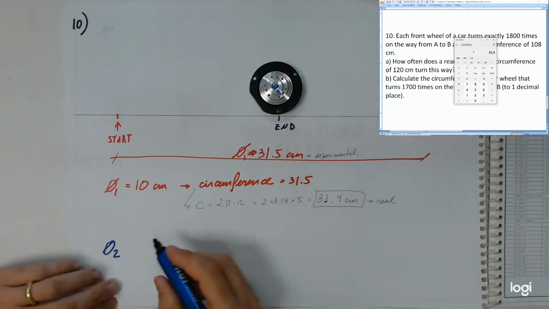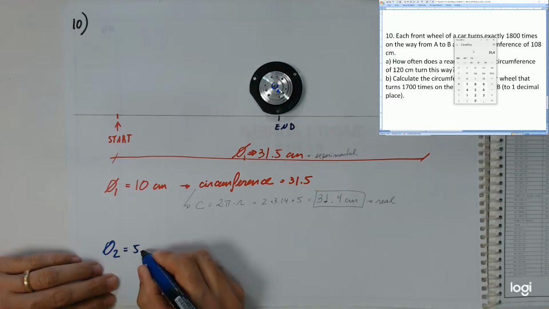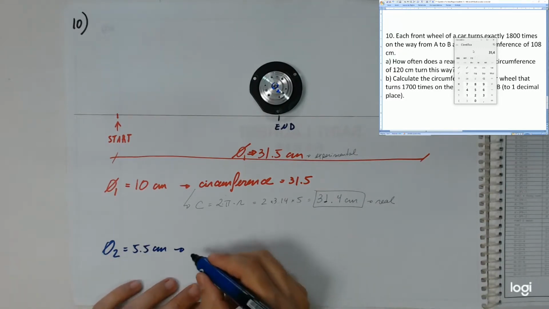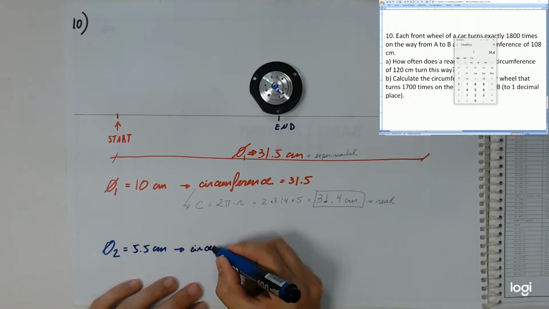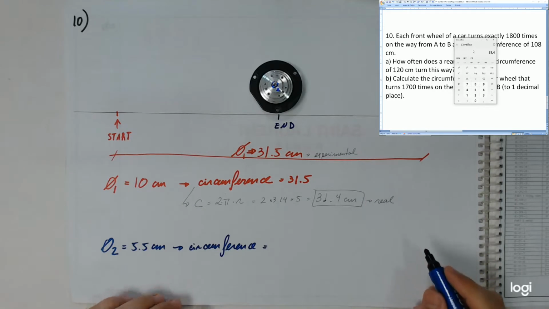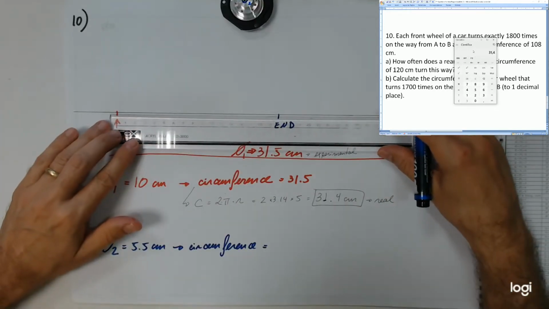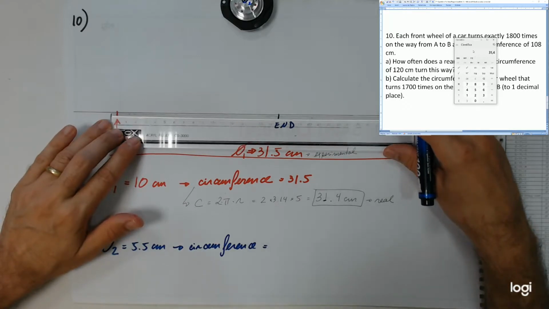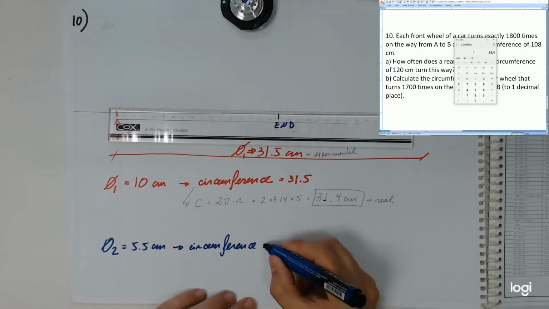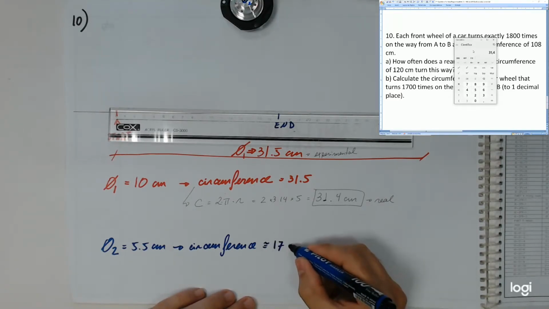And this diameter 2 is about 5.5 centimeters. What is its circumference? According to the experiment, it is going to be about 17 centimeters.